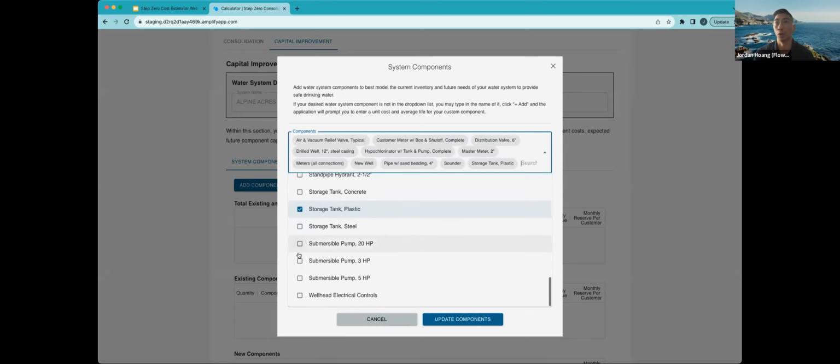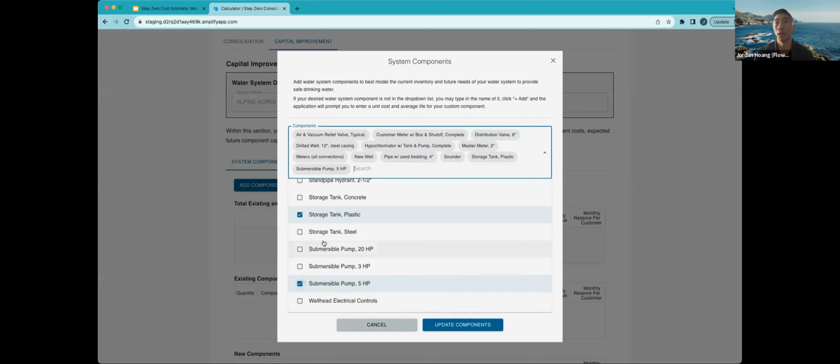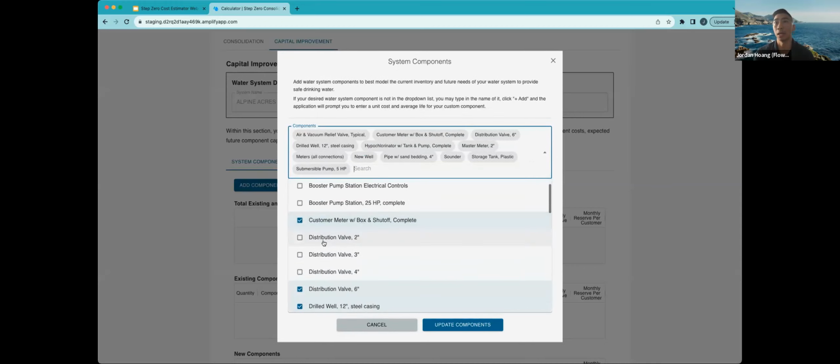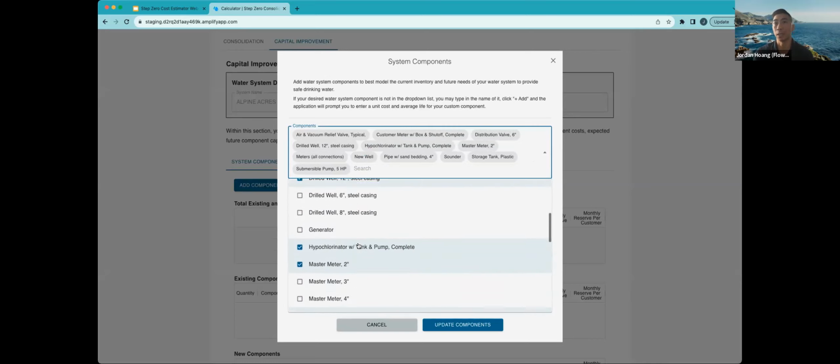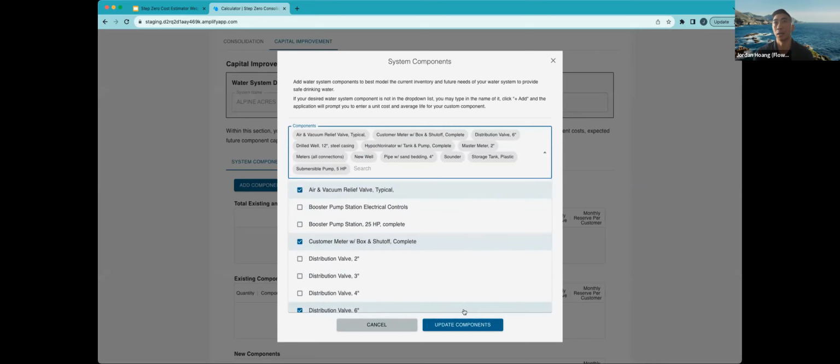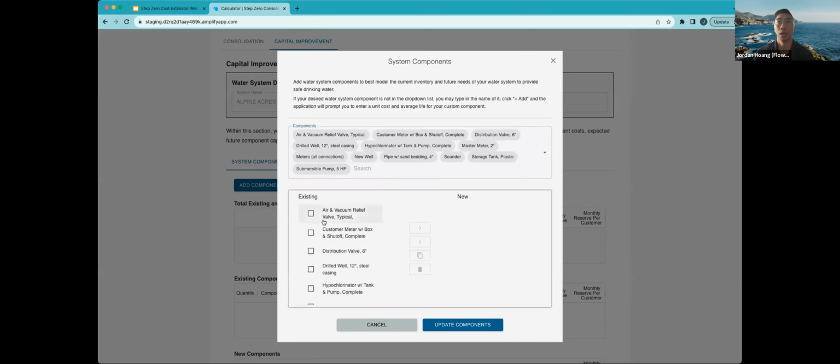But yeah, we tried to build out a decently expansive list of components. It was kind of difficult finding a good source of data for populating our application with water system specific data and accurate costs for those.